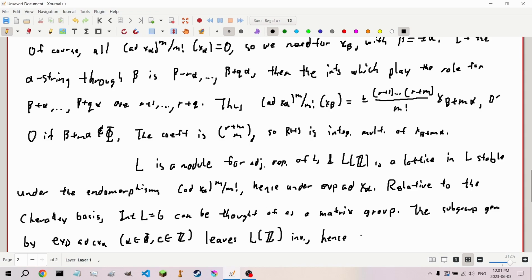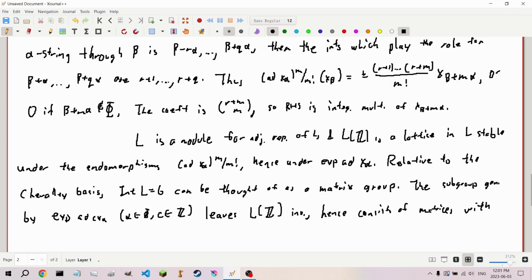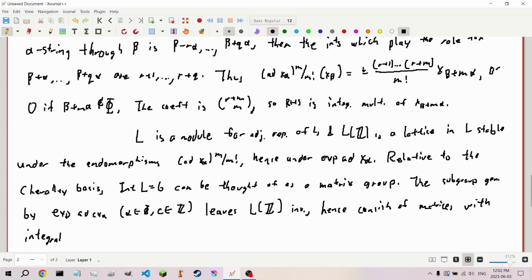Hence consists of matrices with integral coefficients. Determinant 1.